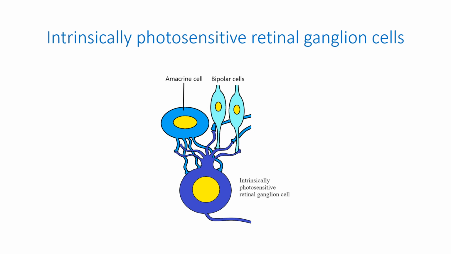A small population of non-canonical ganglion cells expressing the photopigment melanopsin was identified and named intrinsically photosensitive retinal ganglion cells. Melanopsin in varying quantities is contained along their cell membrane, including soma, axon, and dendrites.